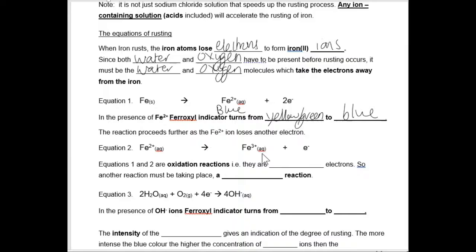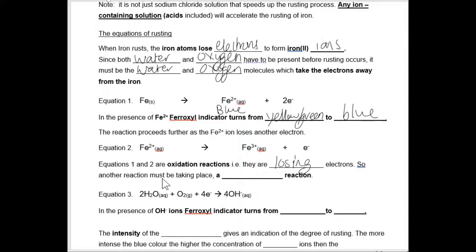Now, Fe3+ does not react with ferroxyl indicator, only Fe2+ does. But as it's already changed blue, that blue colour does not disappear because it changes into Fe3+. Equations 1 and 2 are oxidation reactions. They are losing electrons.